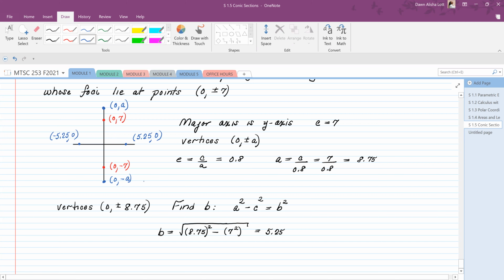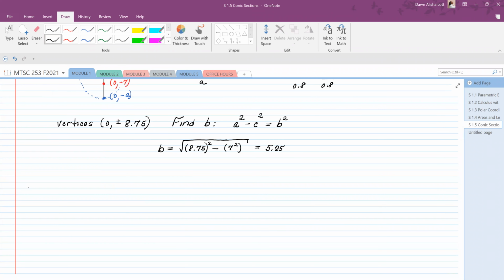And I already know what a and b are. So therefore, I can actually draw an ellipse just by me giving you the eccentricity and the foci. You can draw the ellipse. Okay.